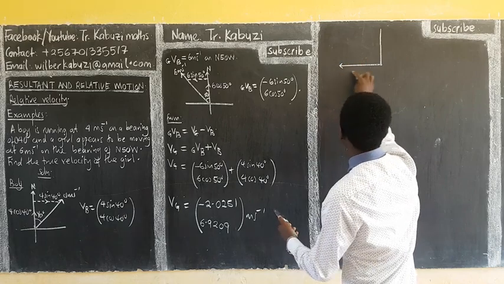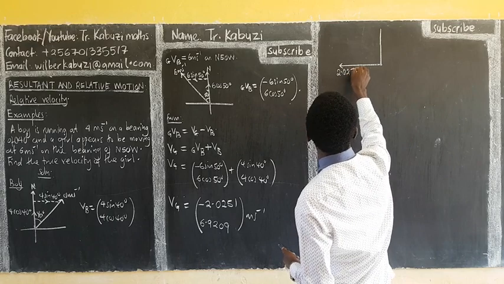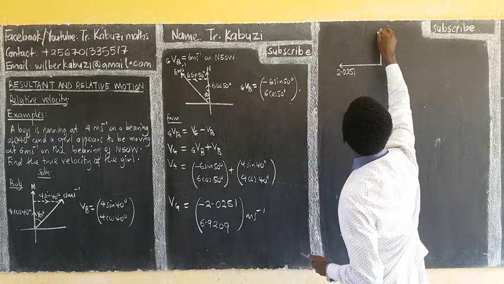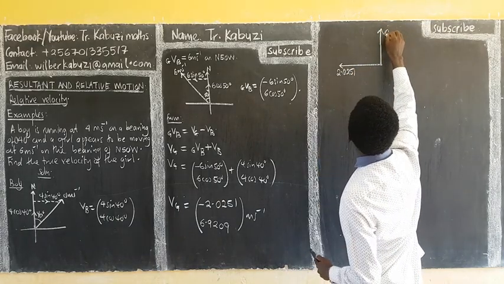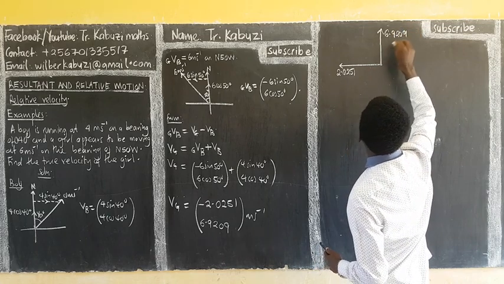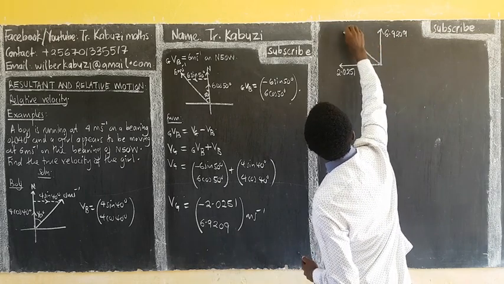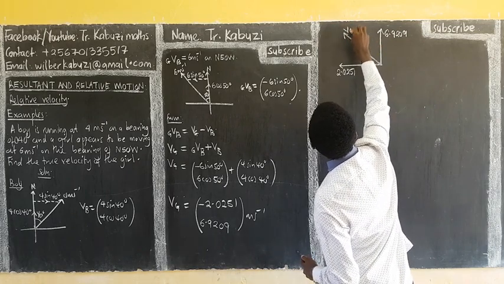So this is shown as negative 2.0251, yet the y is positive 6.9209, and then this is going to be my velocity of the gun.